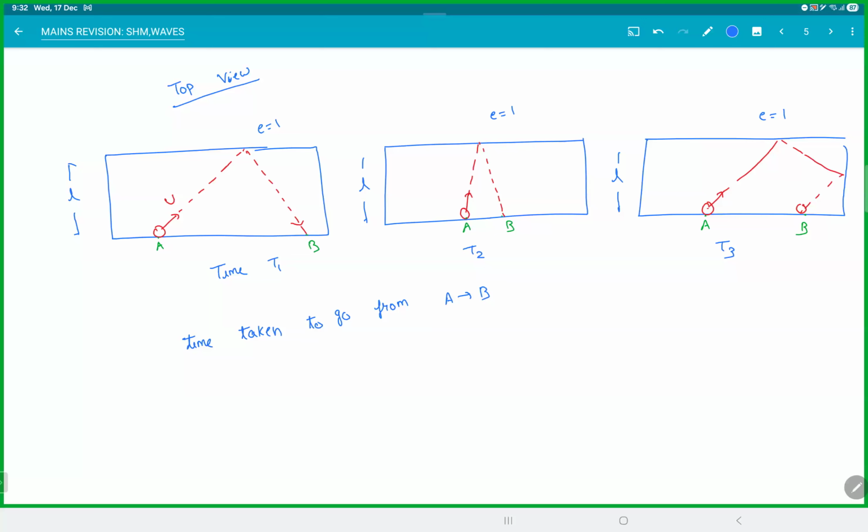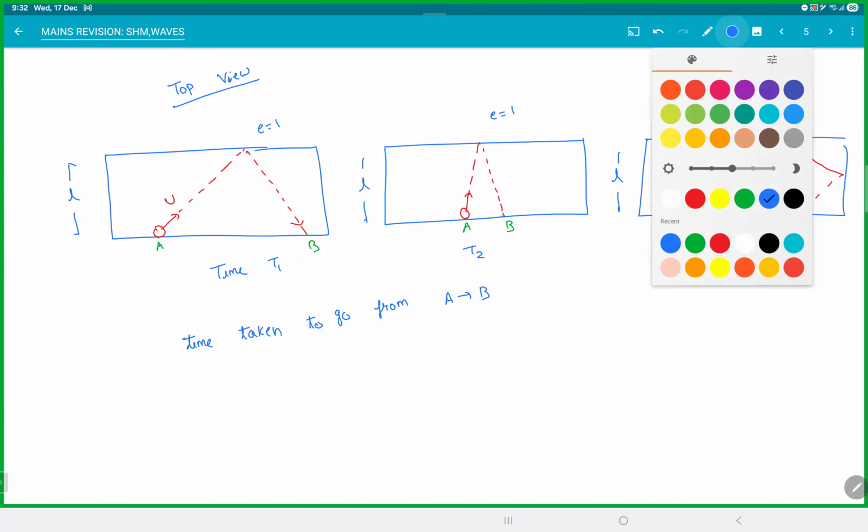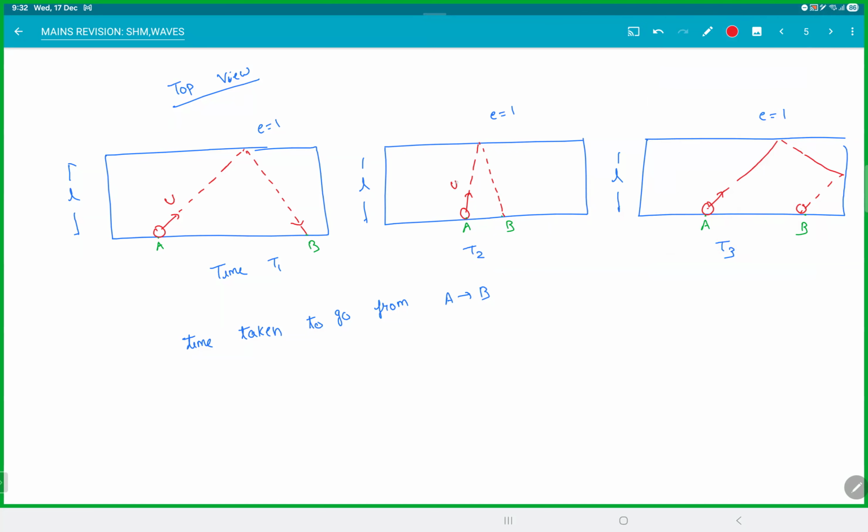In which of these cases will take more time? Aditya. All are projected with same speed. Wait, I need to give you a little more data actually.